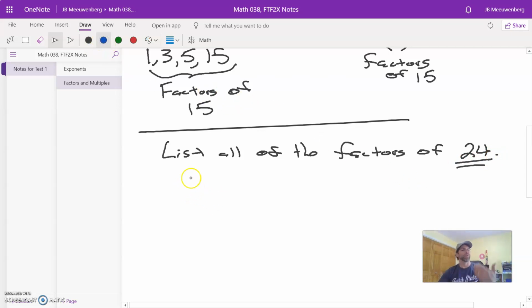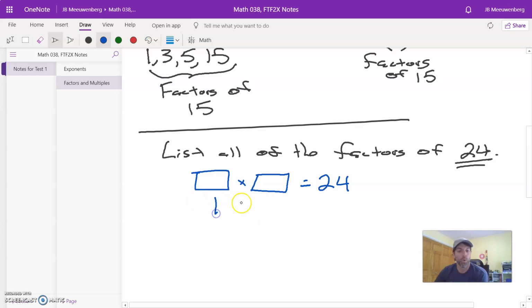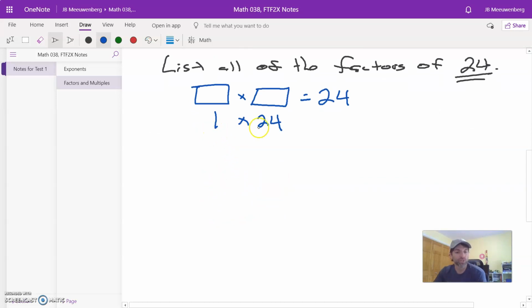So the way you will think about this is, can I make up multiplication problems of something times something that equals 24? In my personal opinion, we organize processes like this. Start with 1 and work your way up. So you might say 1 times 24. I'll list these out when I'm done. 1 and 24 are both factors of 24.